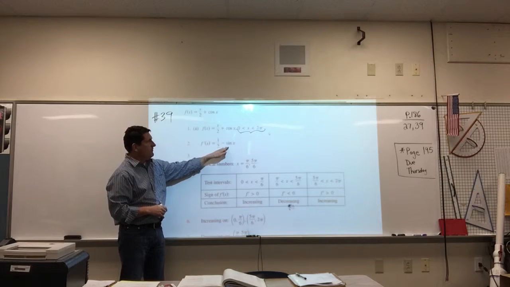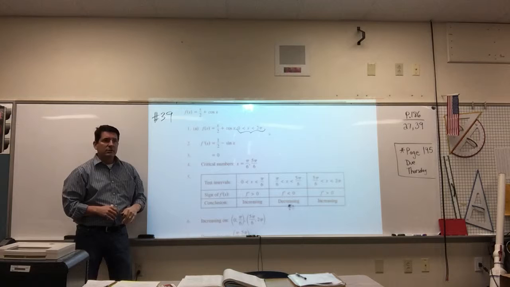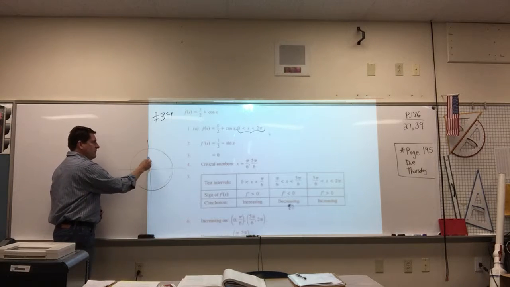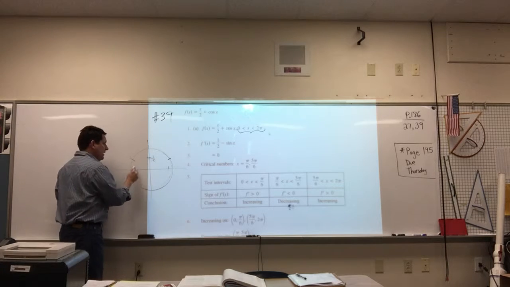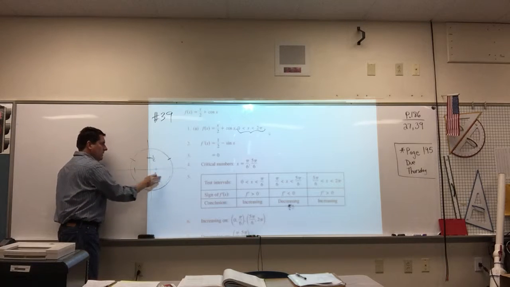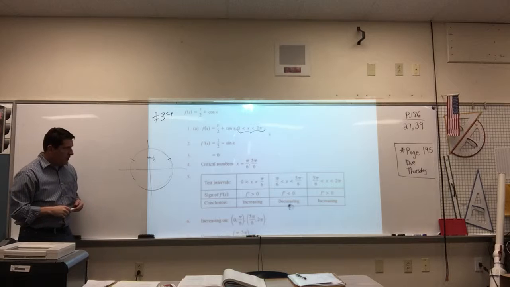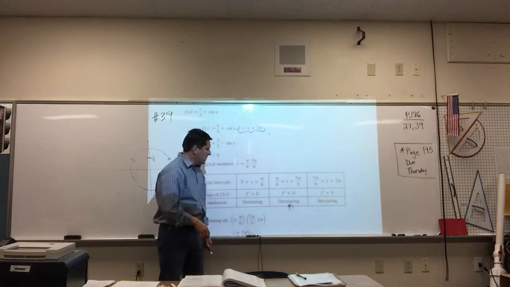That's where you get 1 minus 1/2 minus 1/2 equal to 0. So you just have to know your unit circle, that at x equals here and here, both of those have a sine of 1/2.